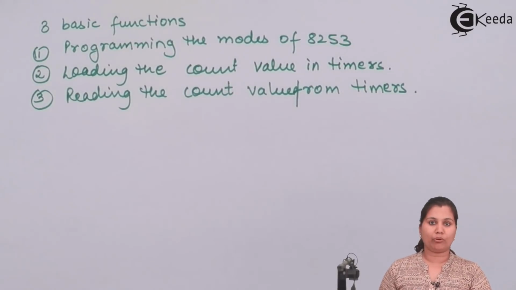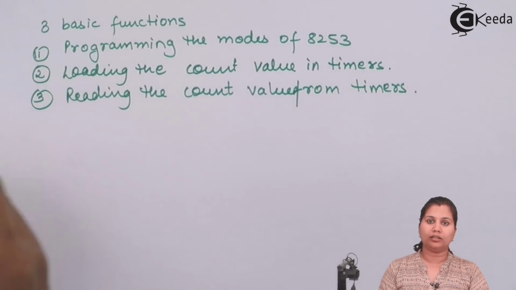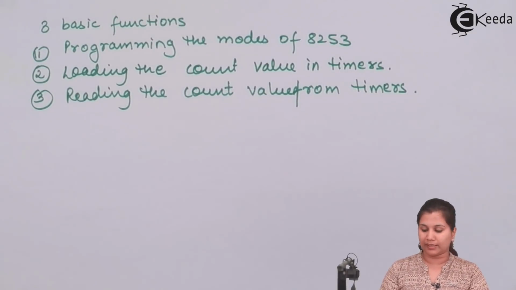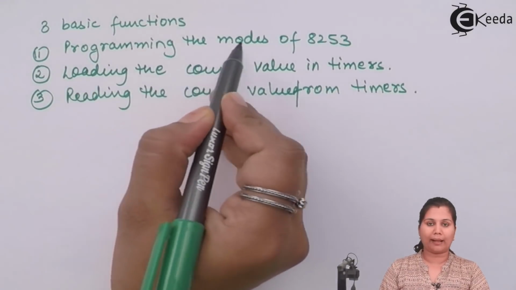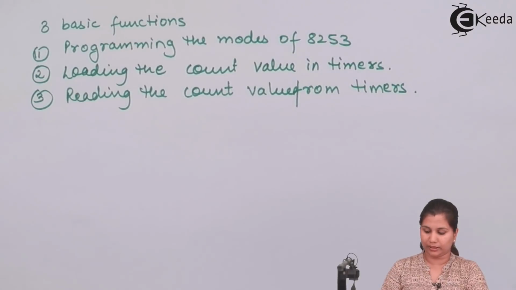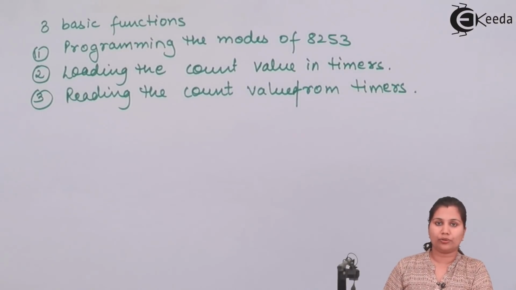So anytime if we want to read the count value from the 3 timers, then we can read it through the data bus buffer. So the data bus buffer is used to read and write the count value into the timers or from the timers, and also it is used to program the modes of 8253 through the control word which is written in the control register.